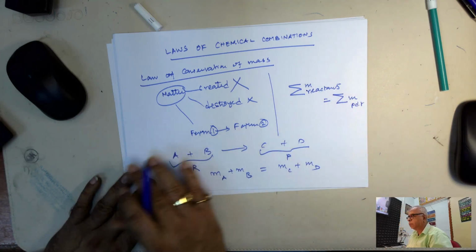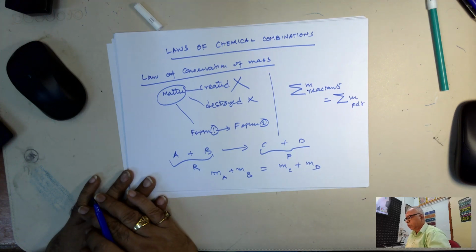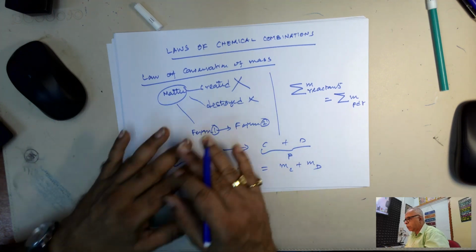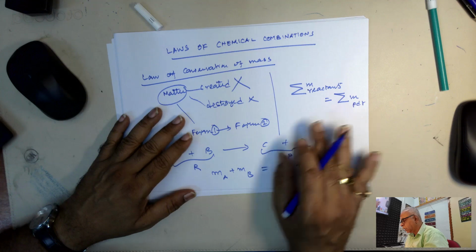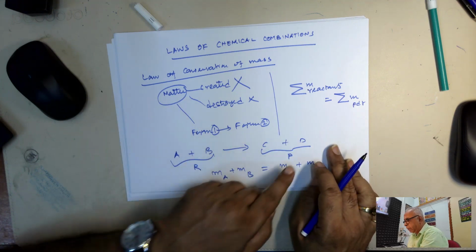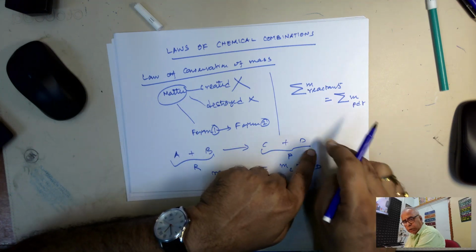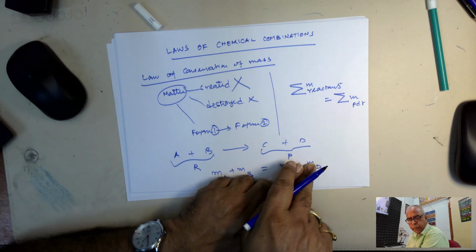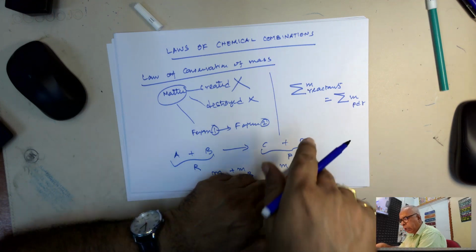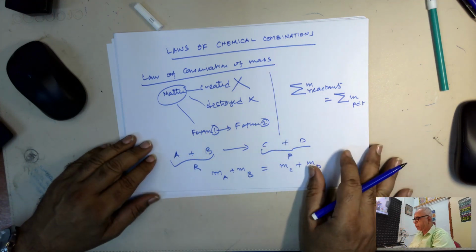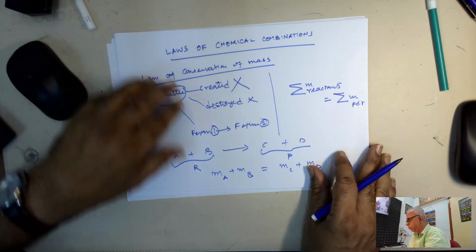Do you understand this? You should not allow even a single vapor to escape. That too should be included. If it is in gaseous form, that is also included here. So that's what I want to mean here.